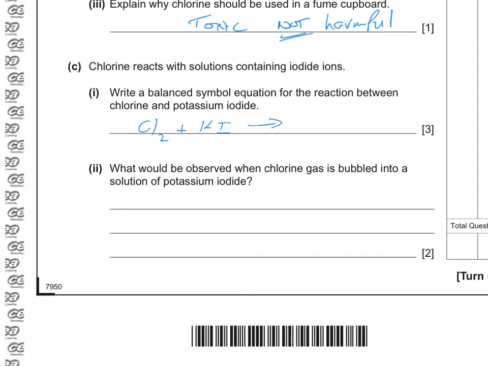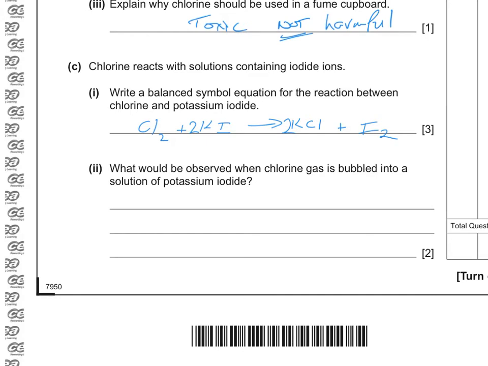Chlorine is more reactive than iodine, so it will displace the iodine from potassium iodide and take its place. So you get potassium chloride, and then iodine is produced. Because it's on its own, it will be I2. So that's 2 marks. And if you've got your 2 marks, you can get a third mark by putting a 2 in front of the KI and in front of the KCl.